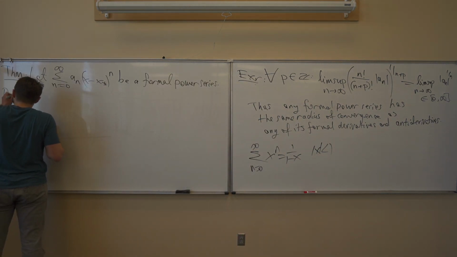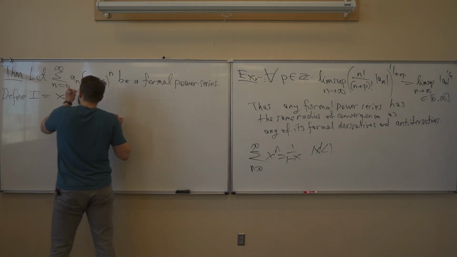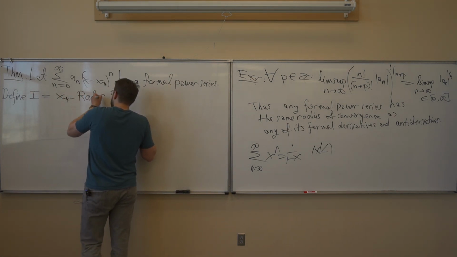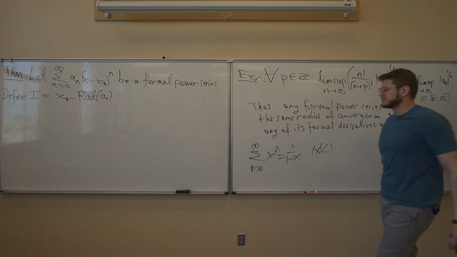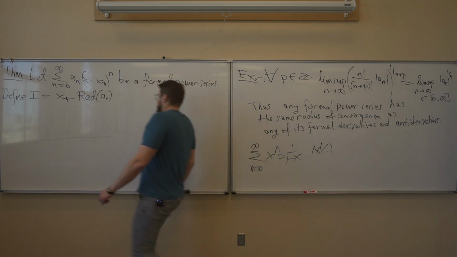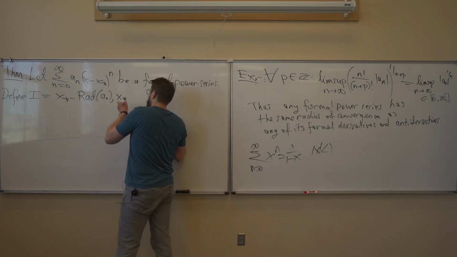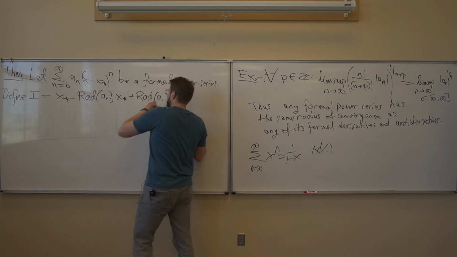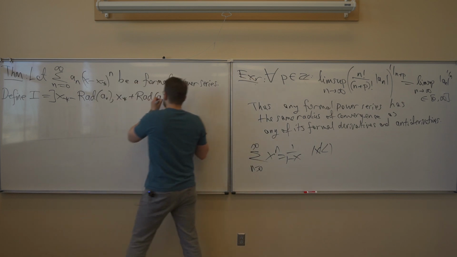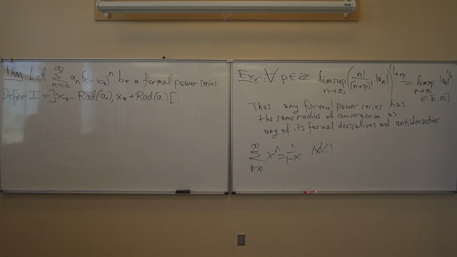Define, so the radius of convergence of the sequence was the reciprocal of the limsup, remember? In this case, the radius of convergence is 1, for instance. So this open interval, which might be the whole real line, which might be empty, but it's a set after all.